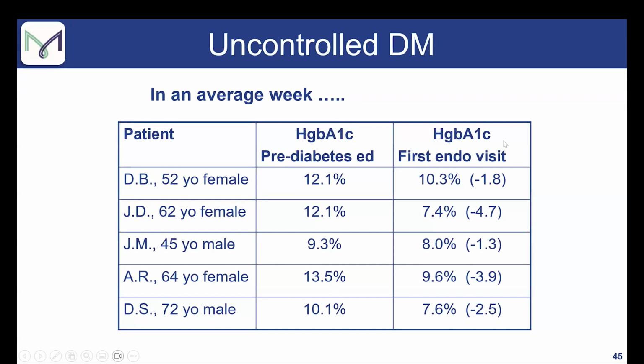The hemoglobin A1Cs in the third column were measured as the patient was checking in for their very first visit with the endocrinologist. The improvement in hemoglobin A1C that you see, therefore, is entirely due to changes made by the patients working with the education team. And it ranges from pretty good, a drop of 1.3%, to a nice jaw-dropping minus 4.7%.